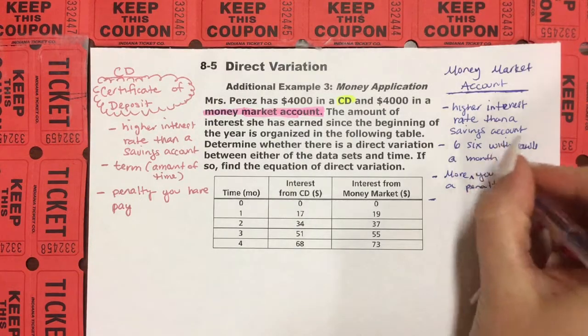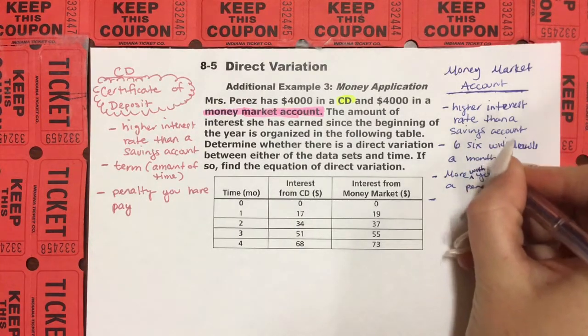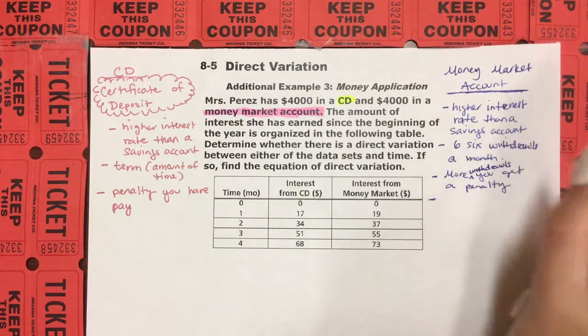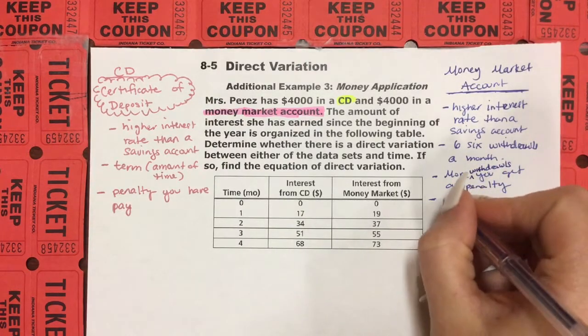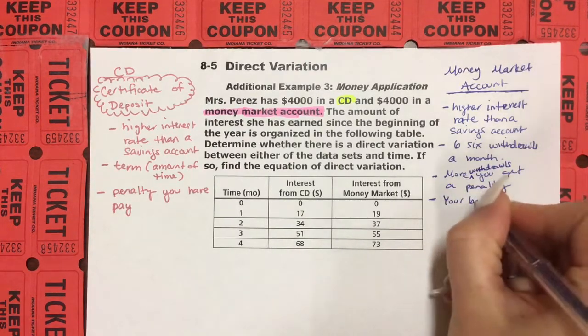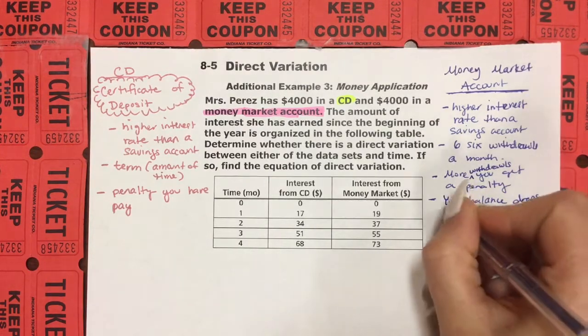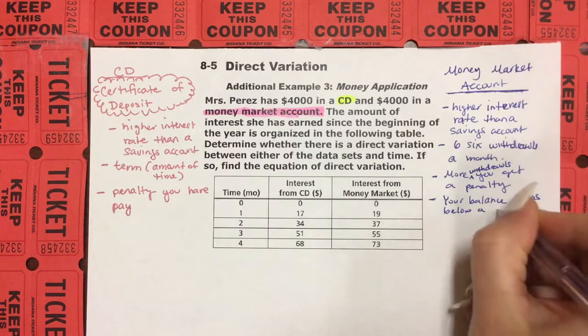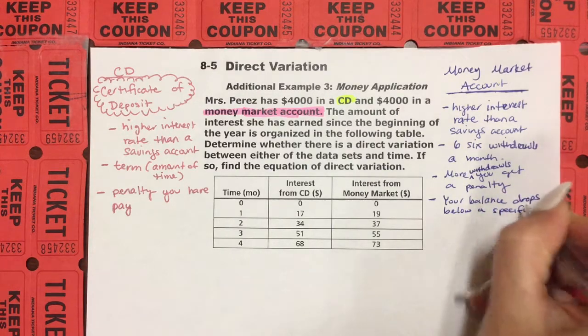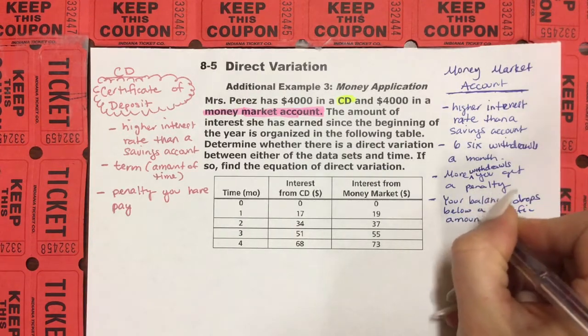So this was more withdrawals. You get a penalty if it's more than 6, and also if your balance drops below a specific amount, you would get a penalty.